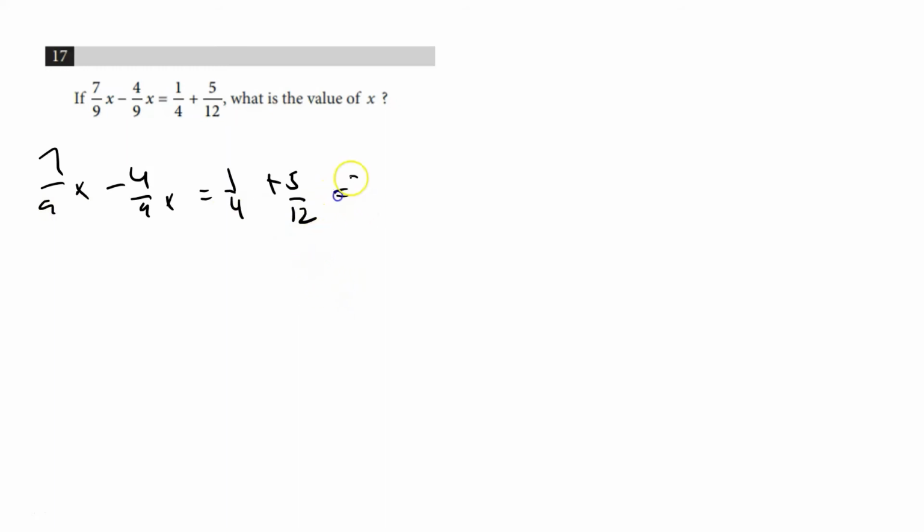So that would mean multiplying this 7/9 x term by 4, because 9 times 4 is 36. So we have 28x over 36 minus, we also have the same denominator here, so multiply by 4. 4 times 4 is 16, so minus 16x over 36. And alternately, 4 times 9 is 36, so we multiply this by 9.